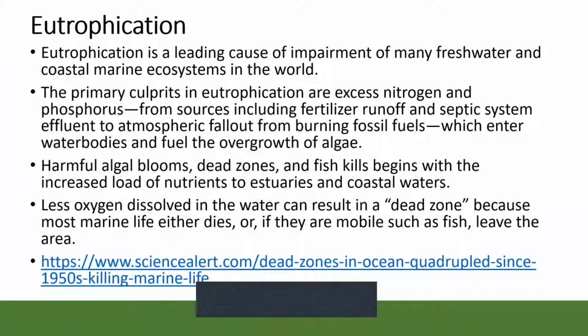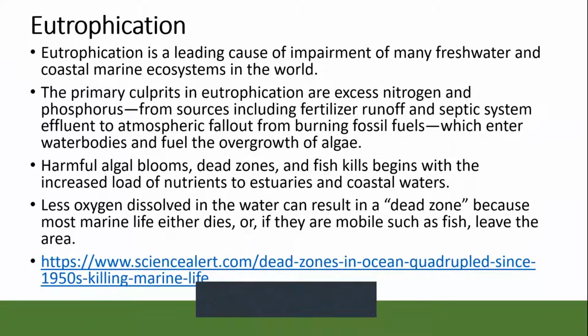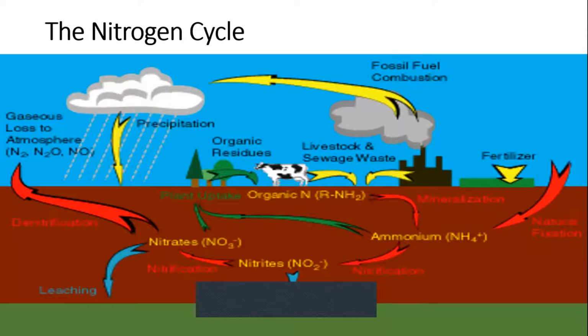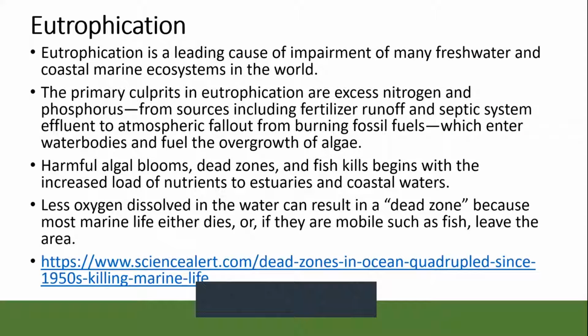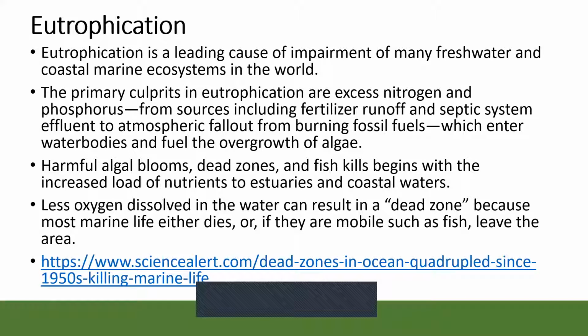We spoke about how you can have too much of a good thing, and too much phosphorus and nitrogen in the system will create eutrophication, which creates a blooming of life, which then when it dies and decomposes, uses up oxygen in the water, and that creates dead zones. There are huge sections of dead zones in many places around the world.